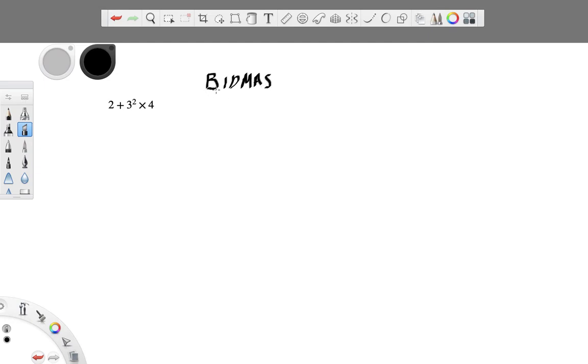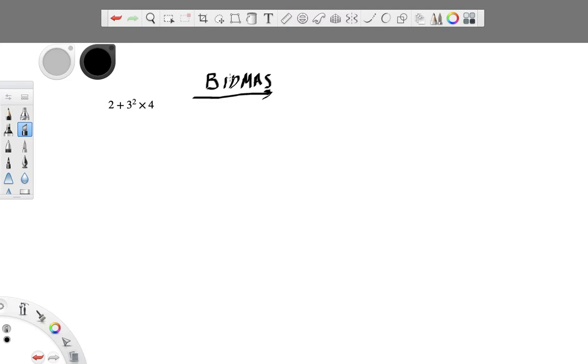B stands for brackets, I is for indices, D is for division, M is for multiplication, A is for addition, and S is for subtraction. So that is the order in which we work things out via this acronym. So it goes from left to right.